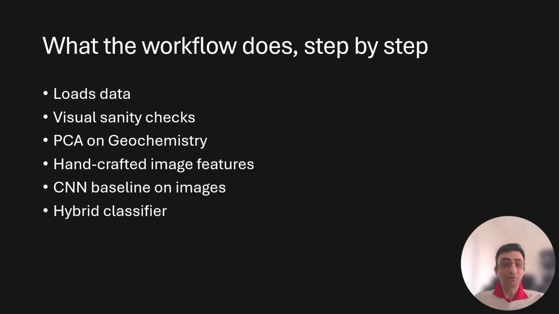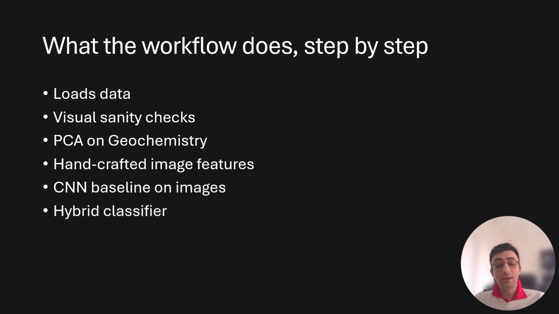Then handcrafted image features on textures and colors, for example GLCM contrast, homogeneity, and also entropy, which captures graininess of fabric. For color, a 48-bin RGB histogram that captures oxidation tones and mineral proportions. We write a CSV file so you have a clean, auditable table per sample.